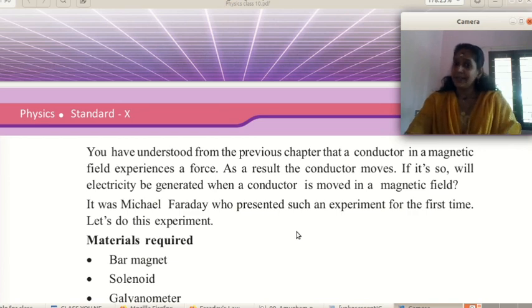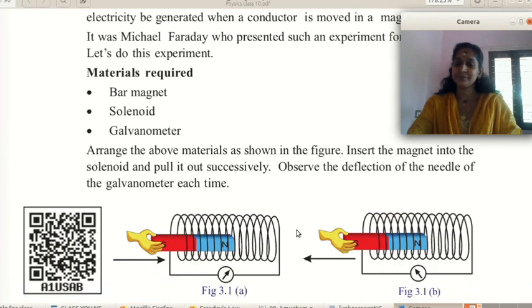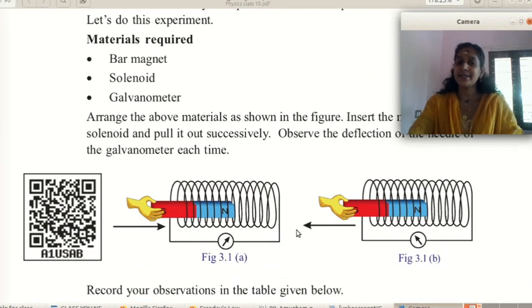For doing the experiment, we need some materials. We need a magnet. We need a solenoid and a galvanometer. We can arrange the materials as in the picture. We should insert a magnet into this solenoid.